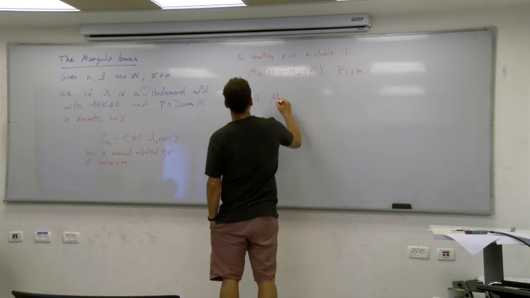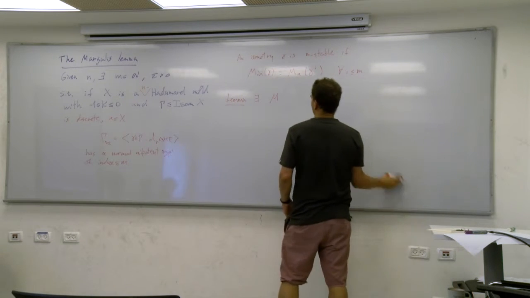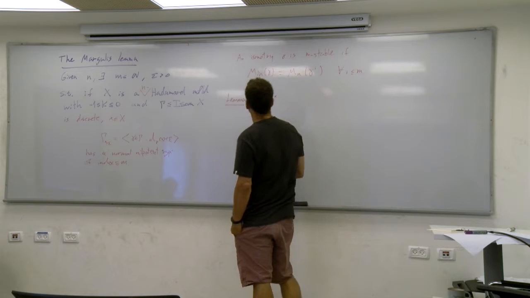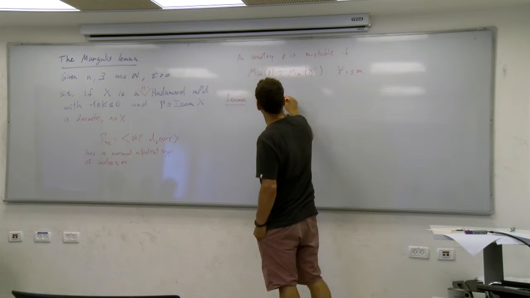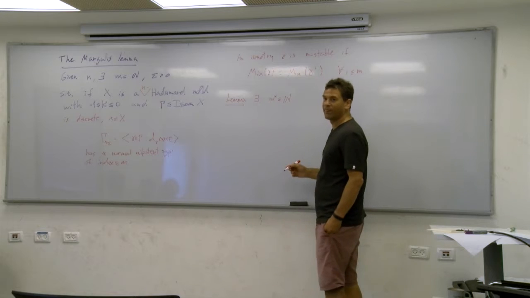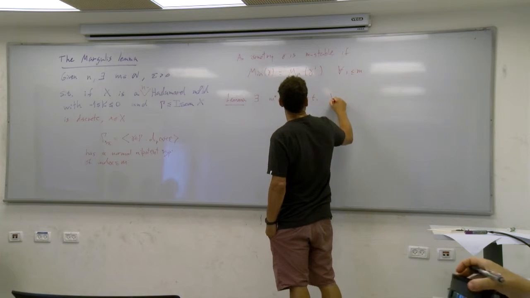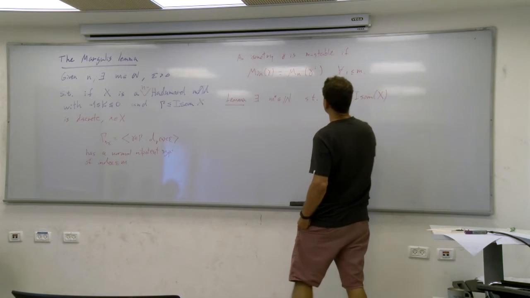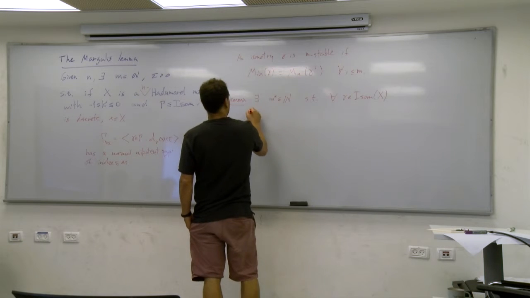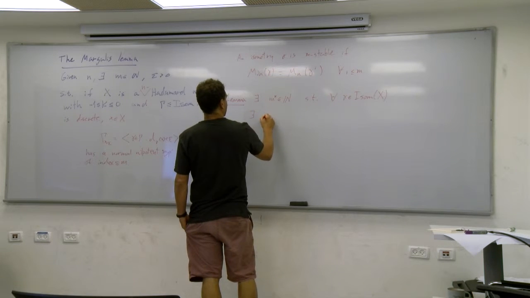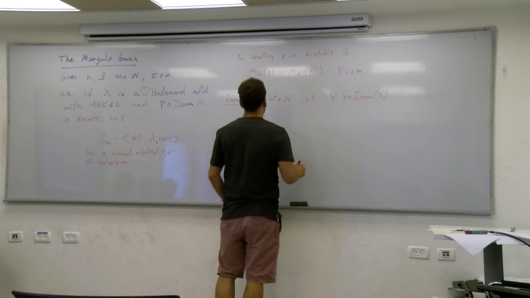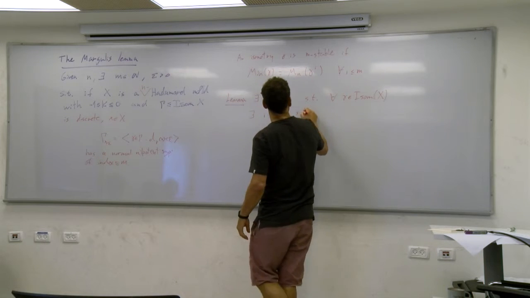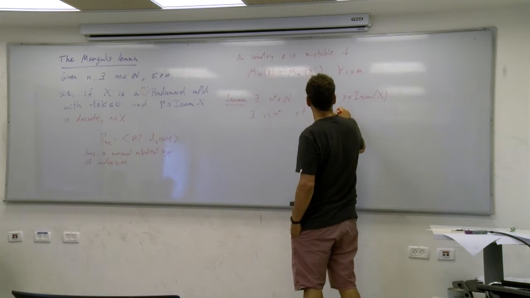There exists m, M is not good, but let's say there exists an m star, an integer depending on m, such that for every gamma in the isometry group of X, there exists i which is at most m star such that gamma^i is M-stable.